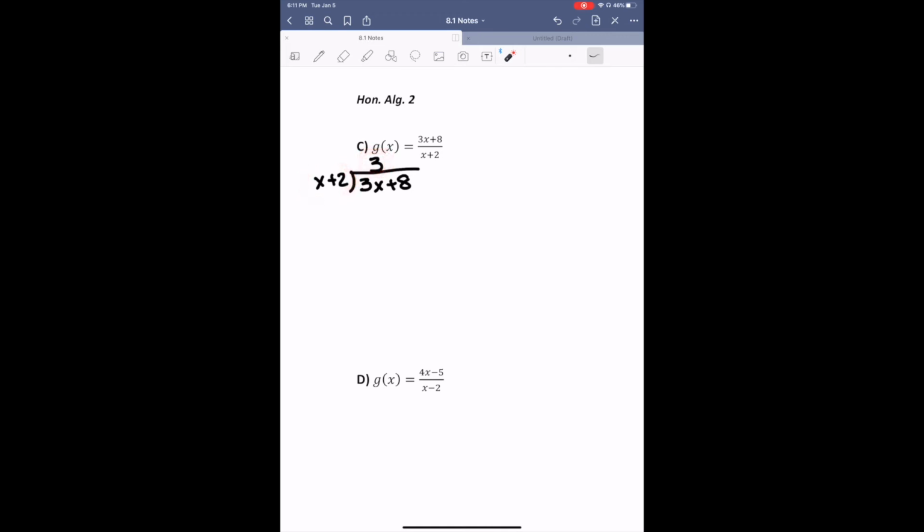So 3 times x plus 2 gives us 3x plus 6. Change our signs. They both become negative. Perform the operation. 3x minus 3x cancels out. 8 minus 6 gives us 2, which means we have 3 plus a remainder of 2 over x plus 2.